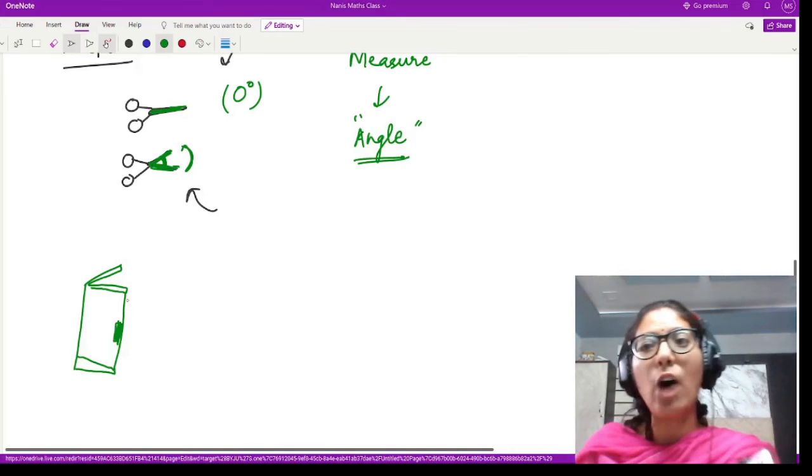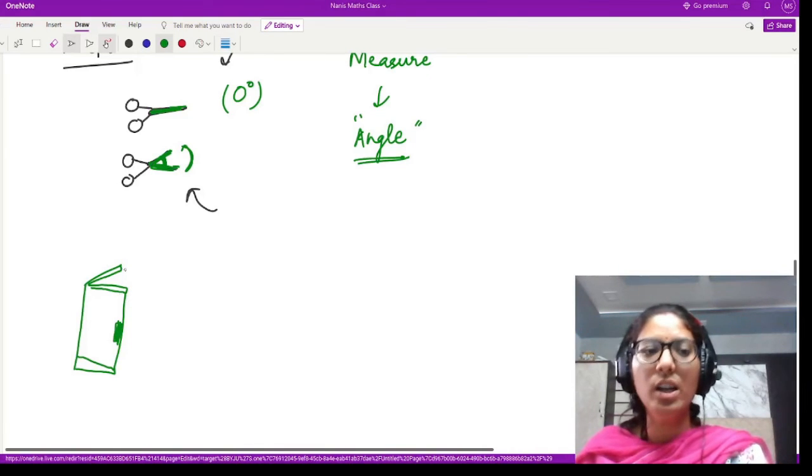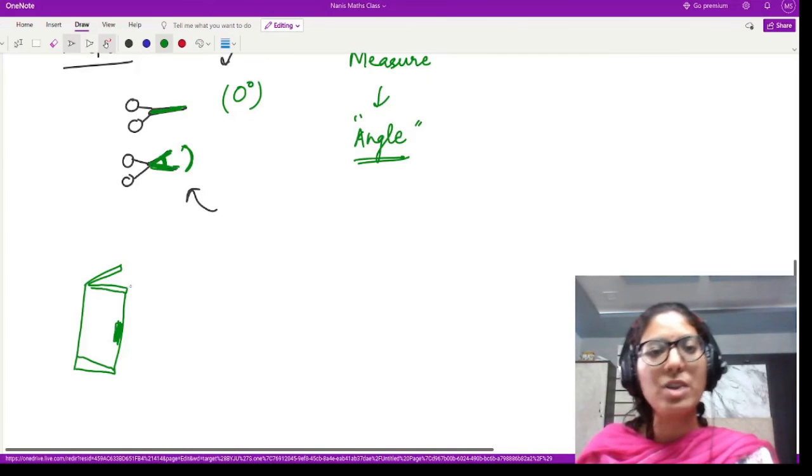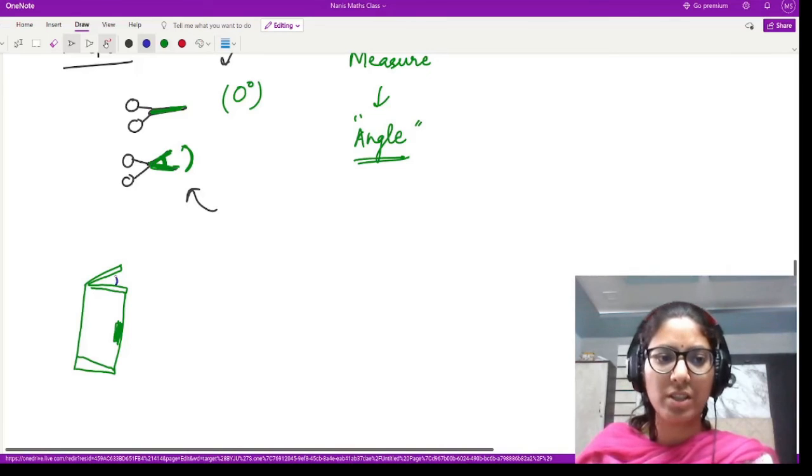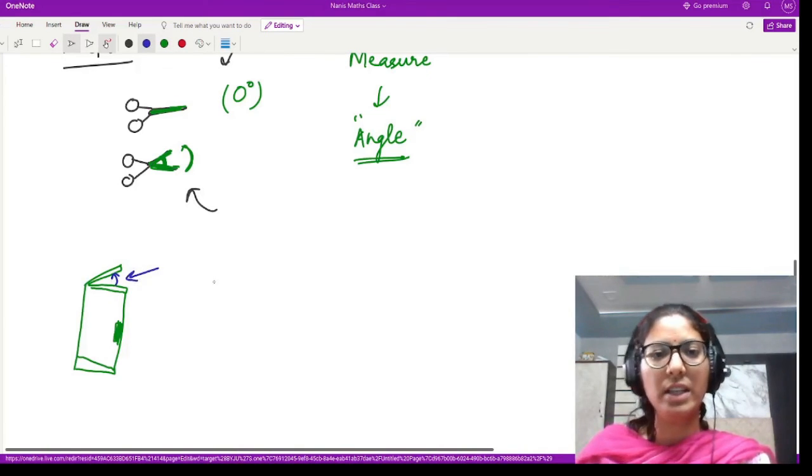How much would you push it, or how much would it rotate in order to be closed? That is the measure, and that is the angle that we wanted to measure here. So we measure it through angles.